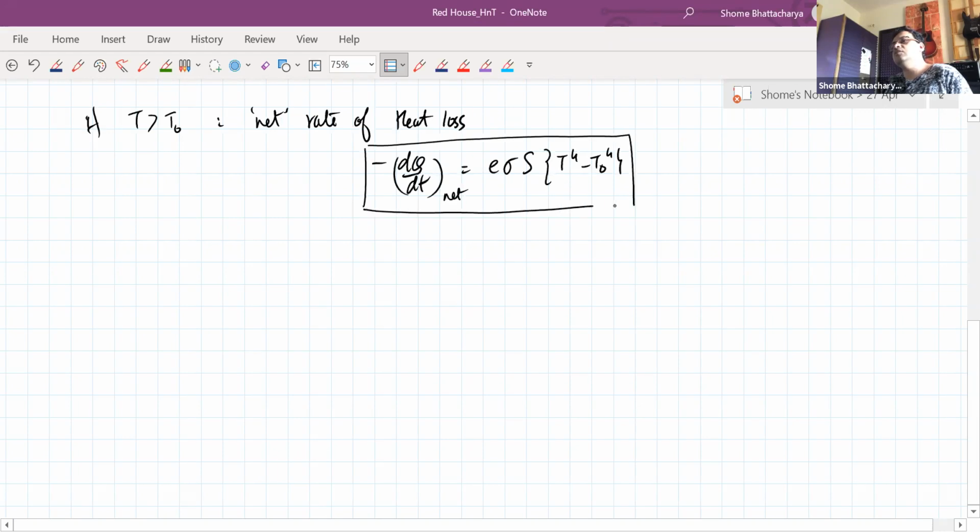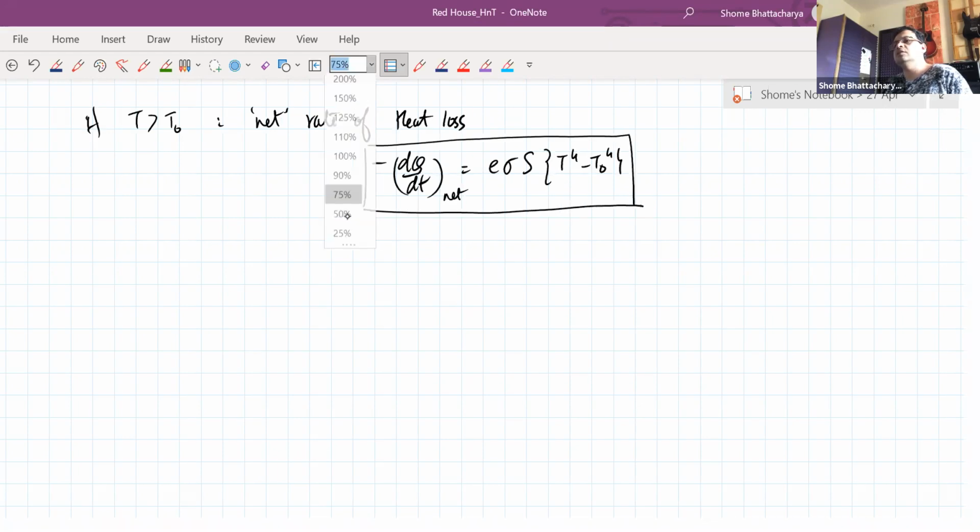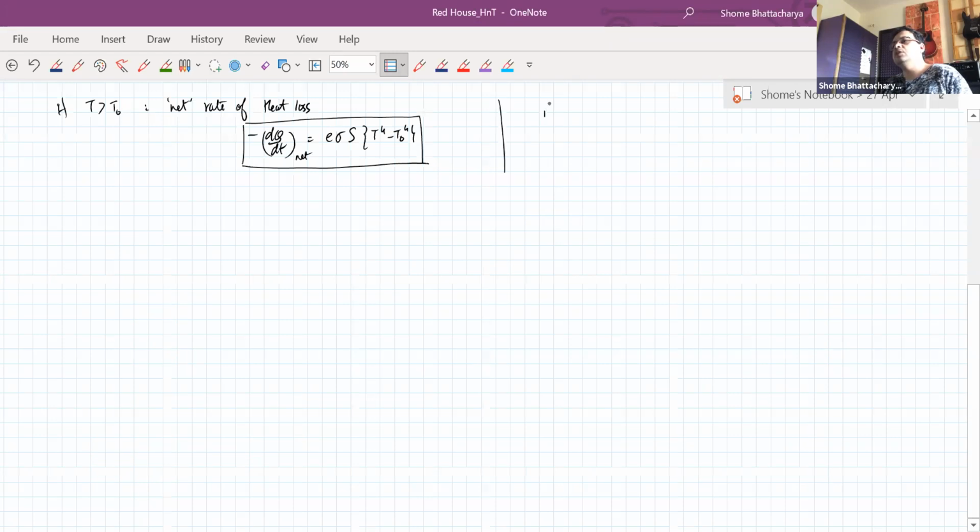And you can just say that the vice versa of this equation is that if the temperature of the surrounding is greater than the temperature of the body, then there is a net rate of heat gain by radiation, and that is plus dQ by dt net, which will be again e sigma S, but this time into T0 to the power 4 minus T to the power 4.